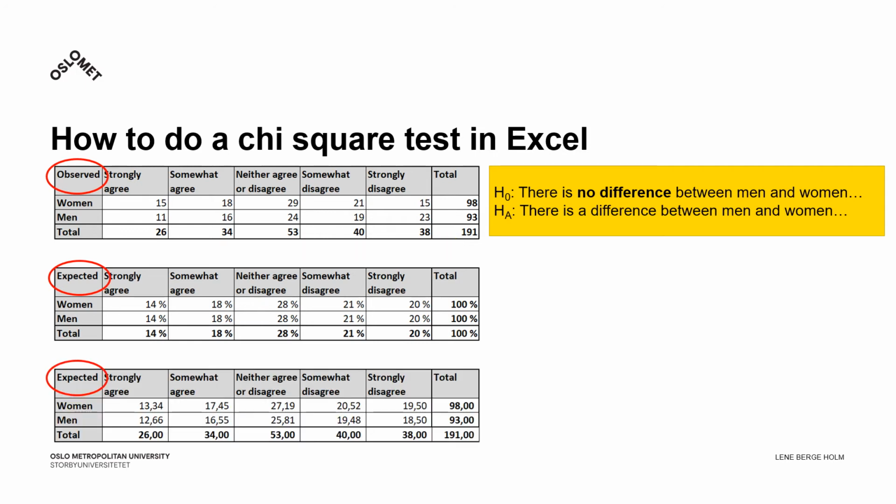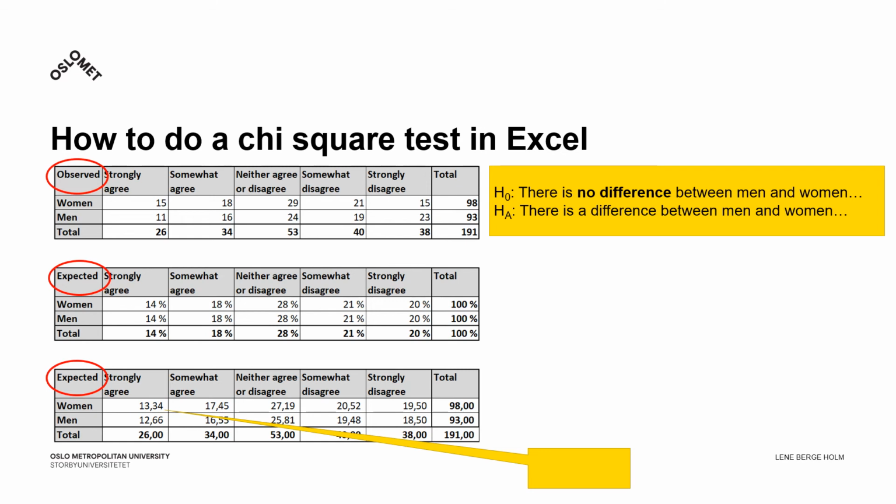And now I need to transfer this from percentages into real numbers. So if you see down here, women who strongly agree, I have 13.34 women who strongly agree. Of course, there's nothing like 13.3 women, but if my null hypothesis were true, which is what I'm trying to reject actually, and it is equal between women and men in this statement, I would have 13.3 women and 12.66 men who strongly agree.